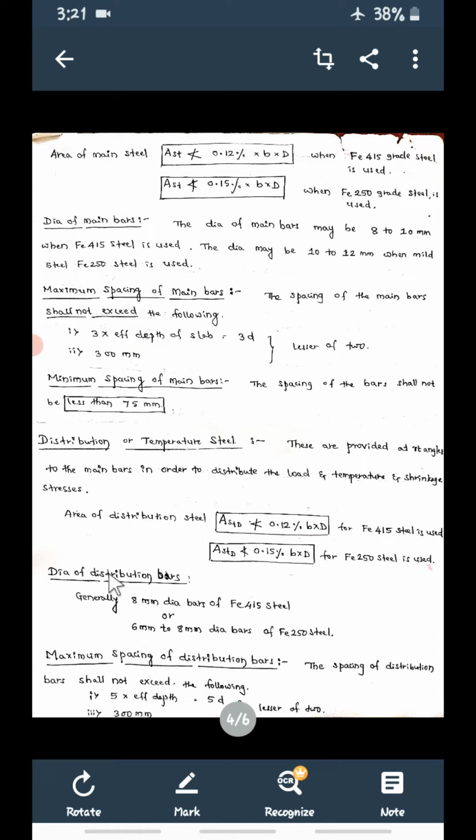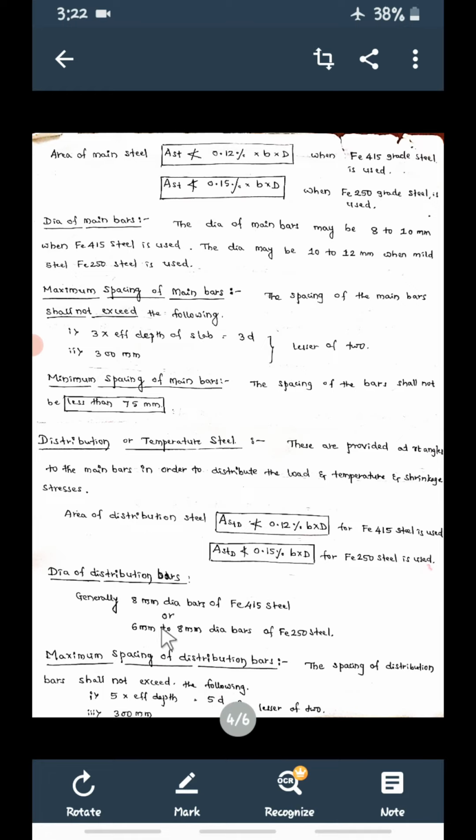Then the diameter of distribution bar. For main bars you can use 8 mm or 10 mm. For distribution steel, generally 8 mm, or 6 mm to 8 mm diameter bars for Fe250 grade steel, will be used. So don't worry: main steel 8 or 10 mm, and for distribution 8 and 6 mm if Fe250 grade steel is used.